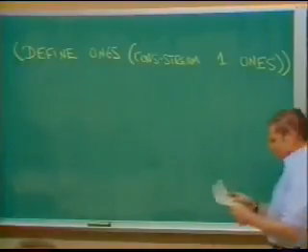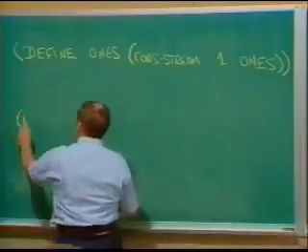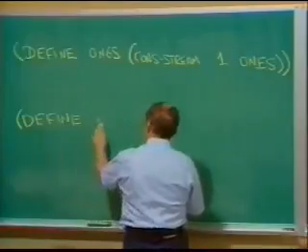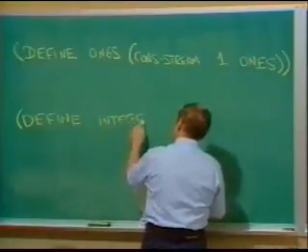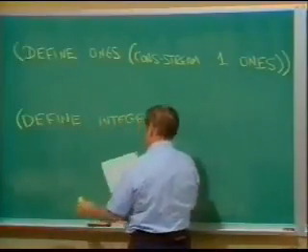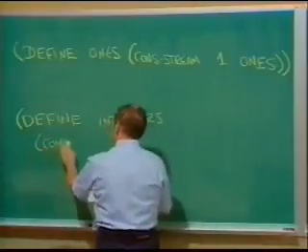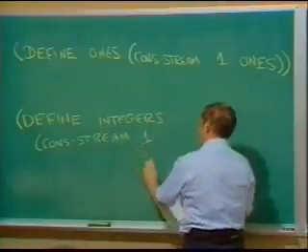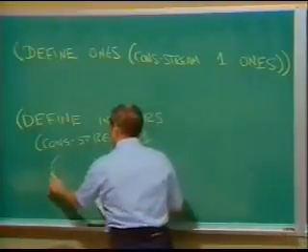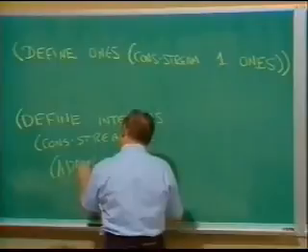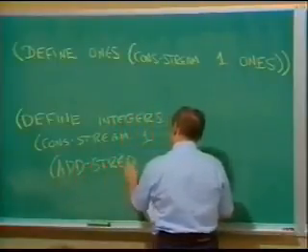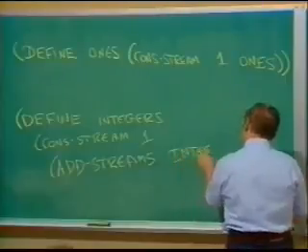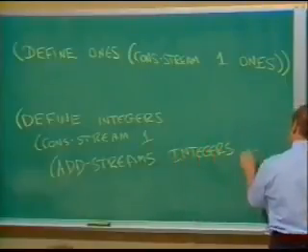And now using that, let me give you another definition of the integers. We can define the integers to be, well, the first integer we'll take to be 1, cons-stream of 1, onto the element-wise sum, add-streams of the integers to ones.